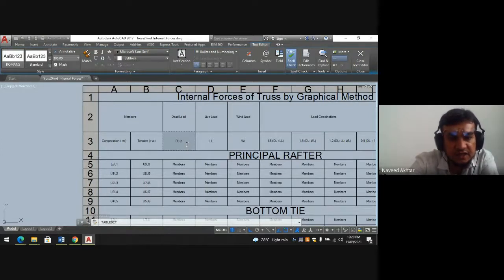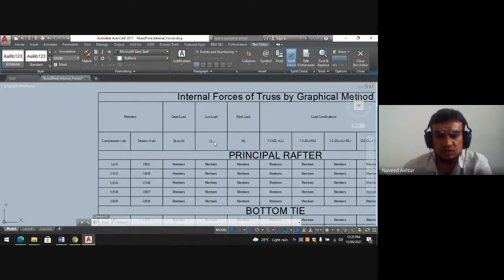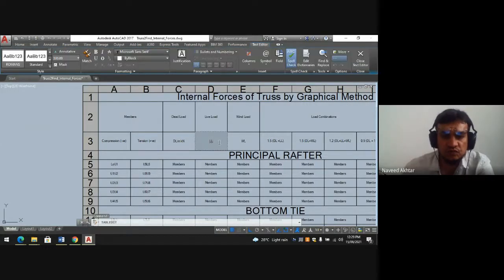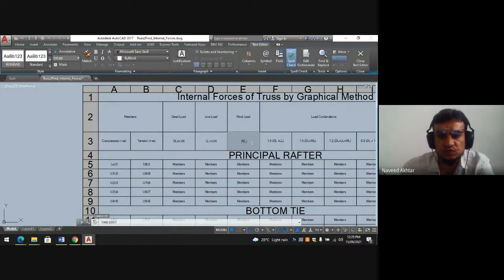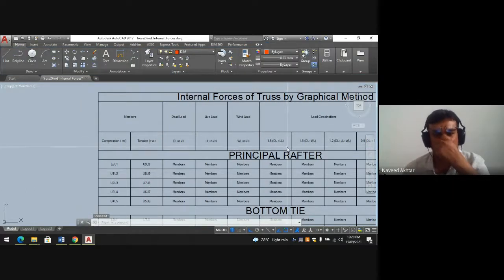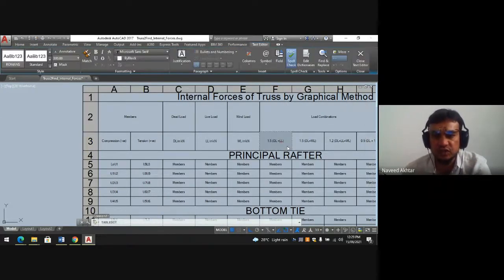Live load in kilonewton. And loading in kilonewton. Okay. The combinations are also in kilonewton.